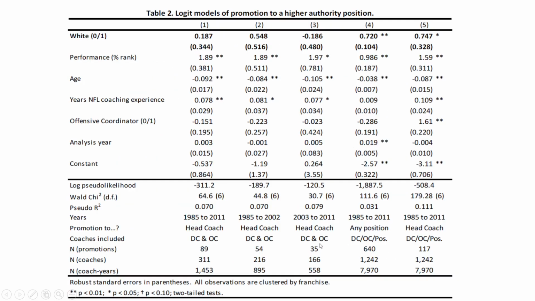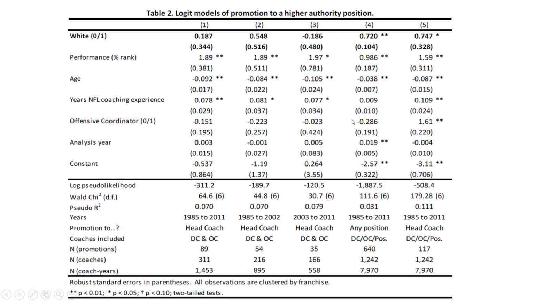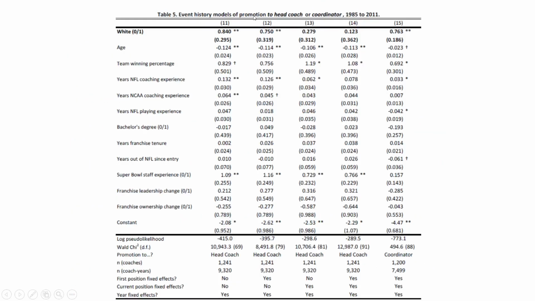And if we go back, we know coordinators are the ones that had the highest likelihood of being promoted to head coach. And so we have that kind of allocative discrimination occurring there where, yes, you're no more or less likely to be promoted to head coach if you're white, but you're way more likely to be promoted to a coordinator position, right? And once you're in that coordinator position, then it's more likely you get promoted to be a head coach, right?